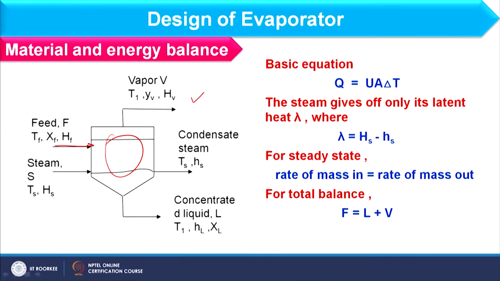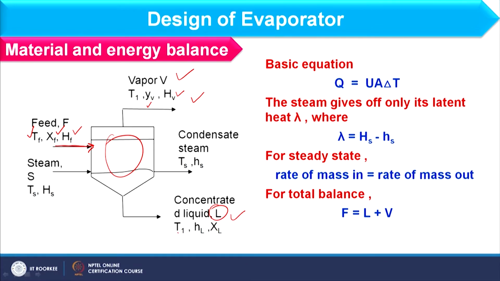In this effect, feed is entering at temperature Tf, concentration Xf, and it contains total heat Hf. When this feed enters the effect, vapor V is generated and concentrated liquid is generated, which is denoted as L. The vapor is available at temperature T1, YV is the concentration of the vapor and HV is the enthalpy of the vapor.